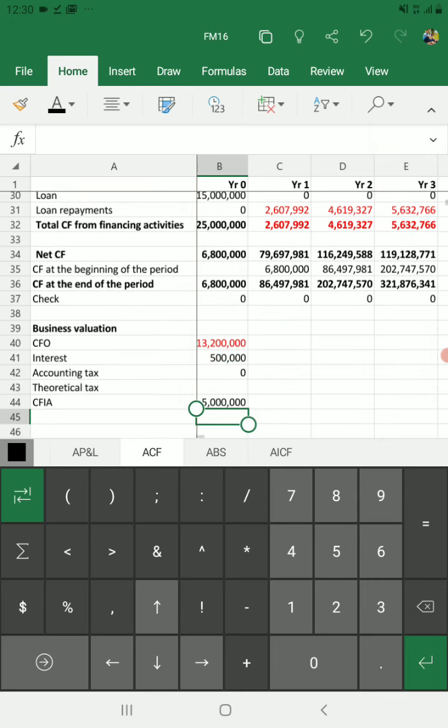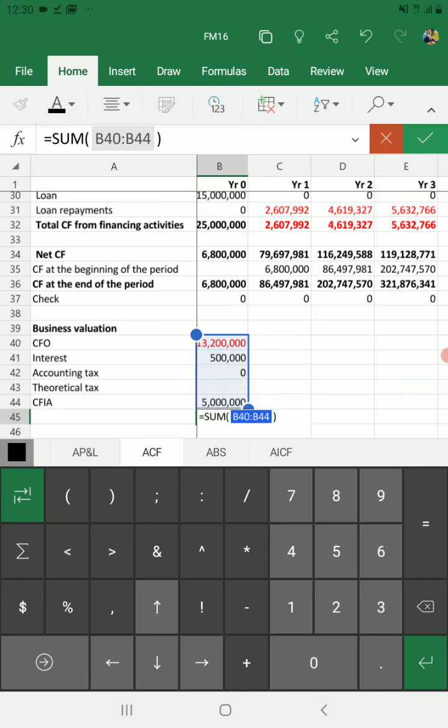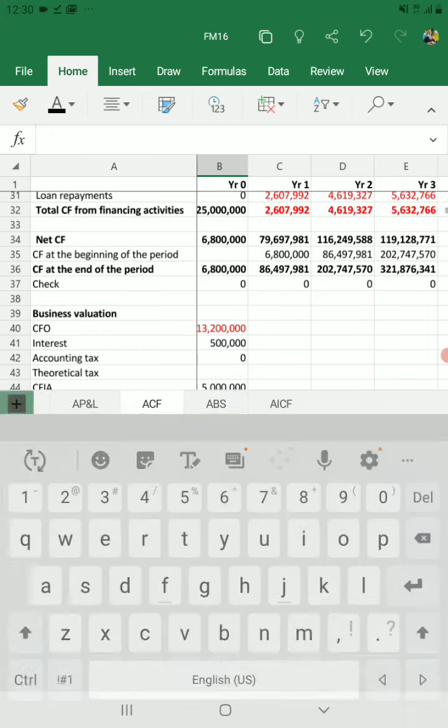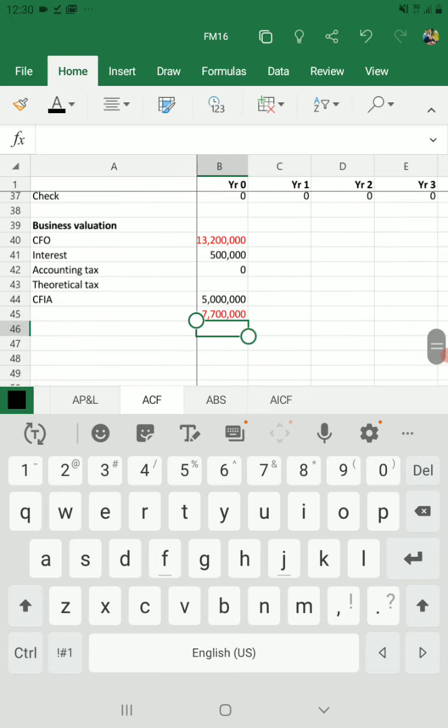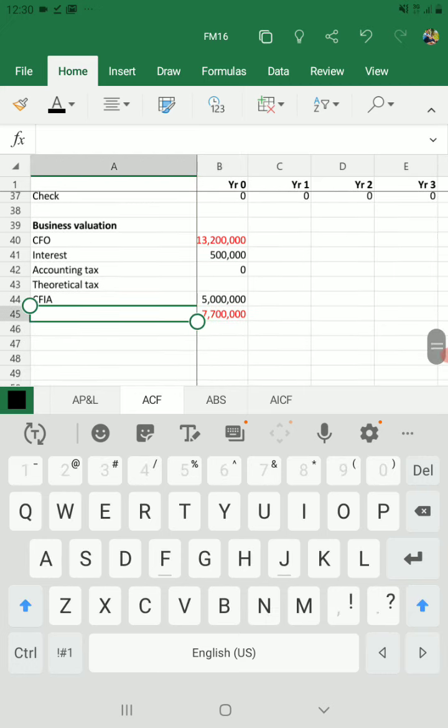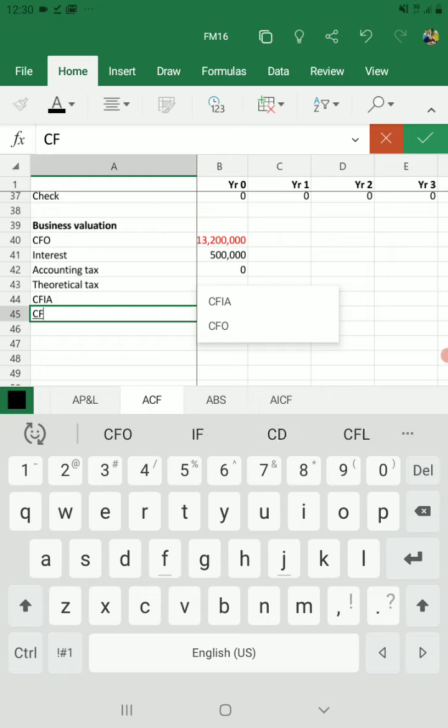Press enter. Okay, and the sum of all these will now be our, so let me put a sum here and press enter.